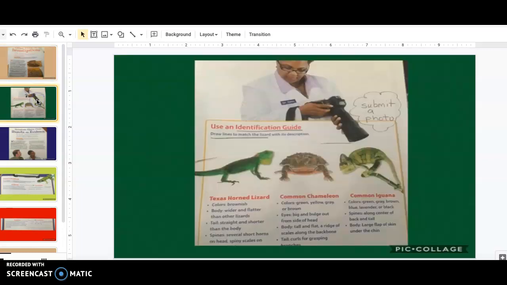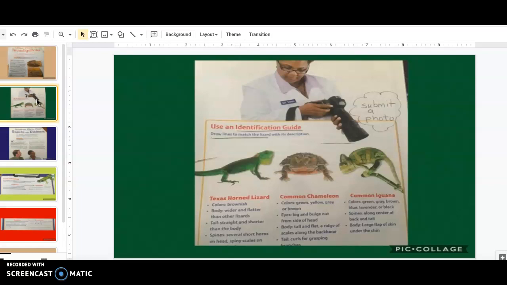So when we look at the next page, you are going to get the chance to use an identification guide. And you can see that this is a page that I do want you to submit a photo to me to show me your finished page, just this page right here. So your directions say draw lines to match the lizard with its description. So we have 3 lizards pictured.